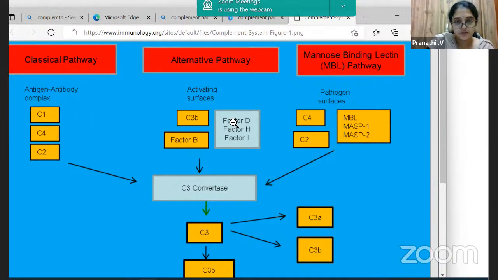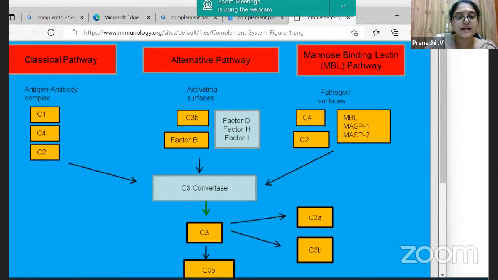The classical pathway is initiated when recognition by C1q, associated with proteases C1r and C1s, either recognizes a microbial surface or binds directly to antibodies already bound to a pathogen. This formation of the antigen-antibody complex is in your textbook also.